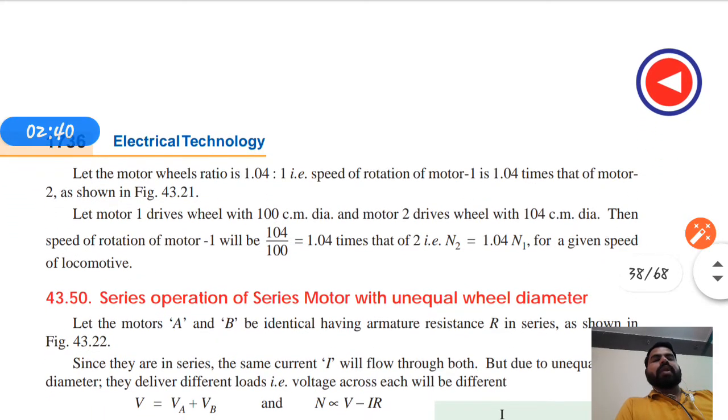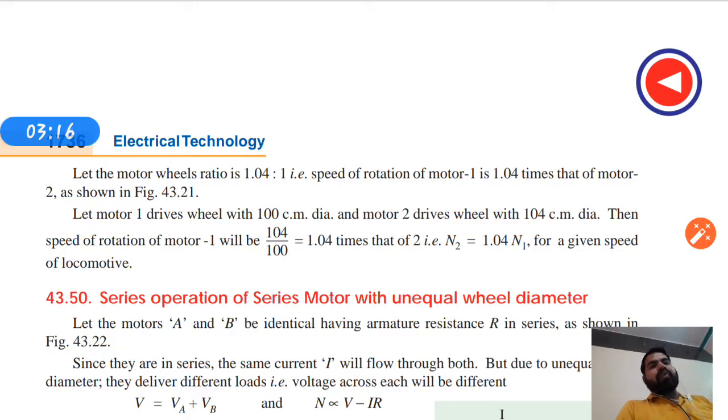Let the motor wheel ratio be 1.04:1, that is, the speed of rotation of motor 1 is 1.04 times that of motor 2, as shown in this figure. Let motor 1 drive a wheel with 100 cm diameter. It may be possible that one wheel has 100 cm diameter and the other wheel has 104 cm diameter, and motor 2 drives that wheel.